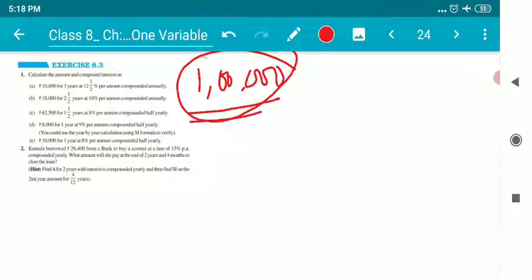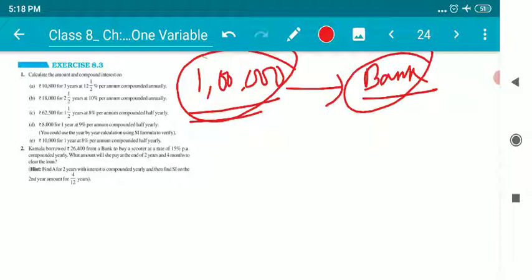So I went straight to the bank, and the bank official told me, sir, we can provide you 1 lakh rupees, but you need to pay extra, an interest amount on that 1 lakh. If we do not know what interest is, of course we won't be able to understand, right?